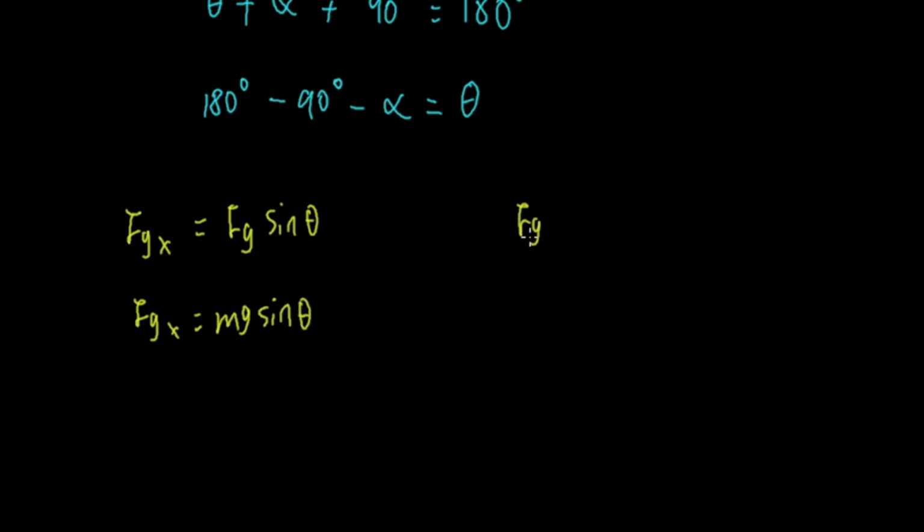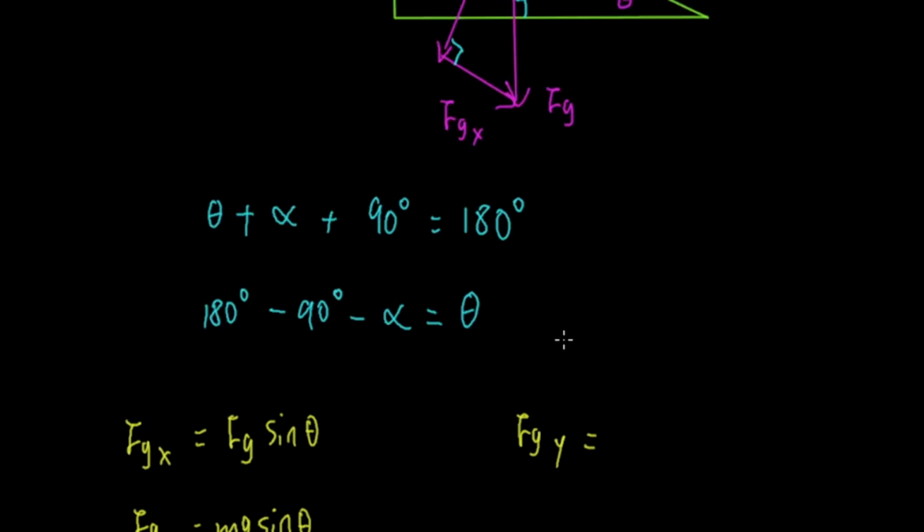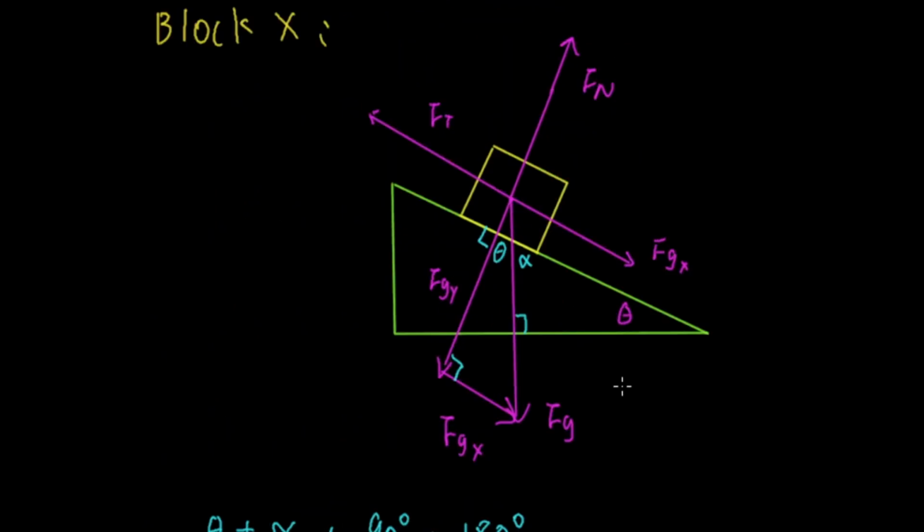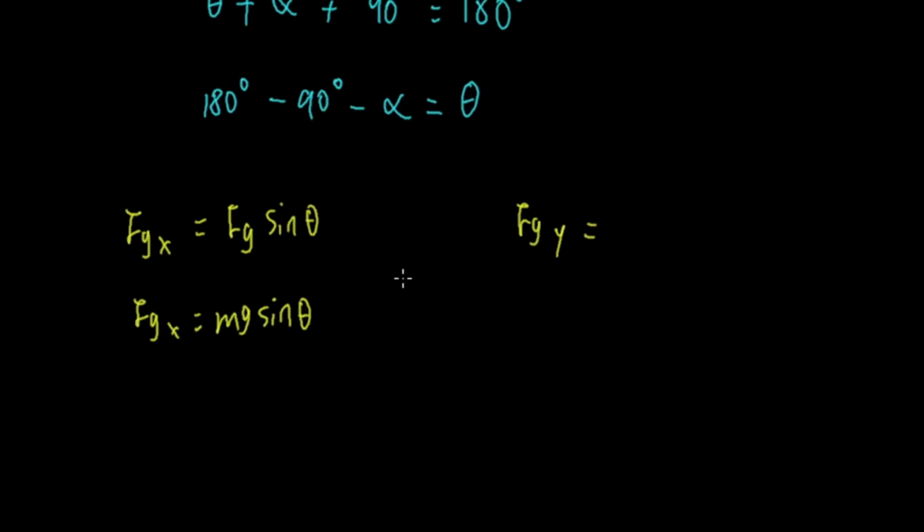How about Fg sub y? Here, this one, right? Using trigonometry, it should be Fg cosine theta. So this is Fg cosine theta.